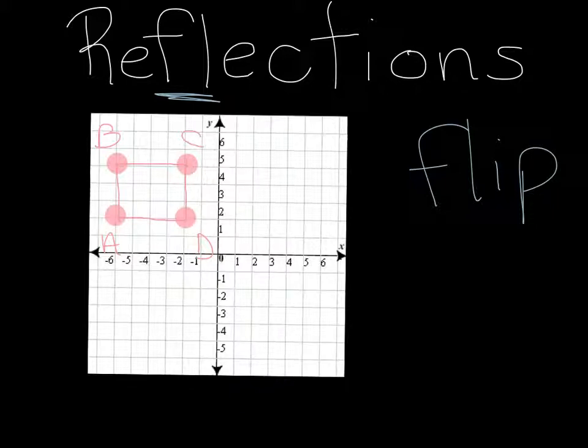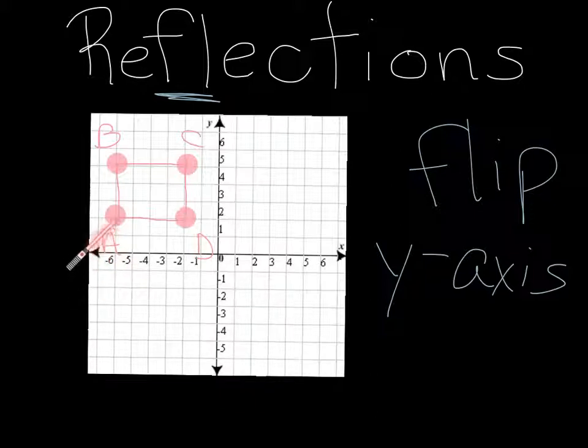Now, the thing about a reflection is if it says reflect over the y-axis. Okay, if we're reflecting across the y-axis, we're going to go to the y-axis, and we're going to take point A, and we're going to say, how many places does it take me to get to the y-axis?